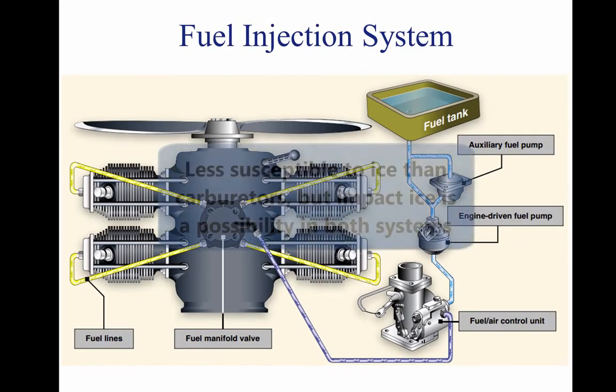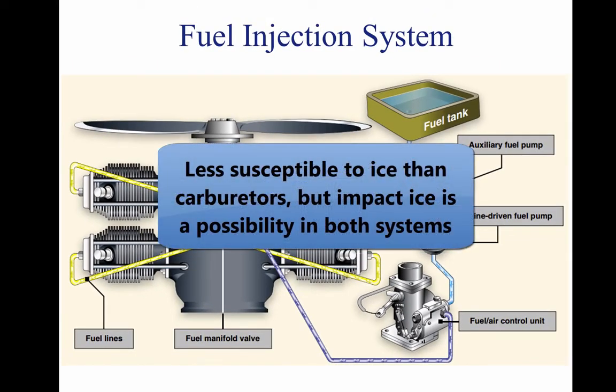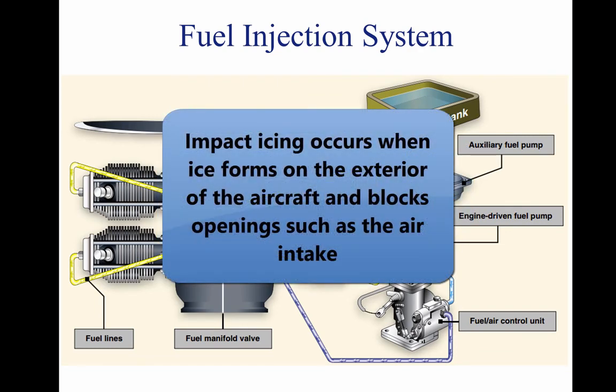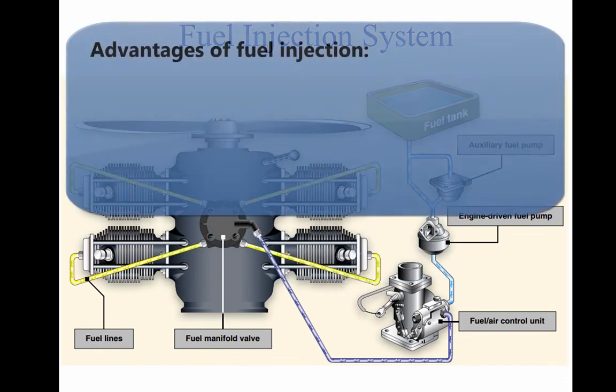A fuel injection system is considered to be less susceptible to icing than the carburetor system, but impact icing on the air intake is a possibility in either system. Impact icing occurs when ice forms on the exterior of the aircraft and blocks openings such as the air intake for the injection system.